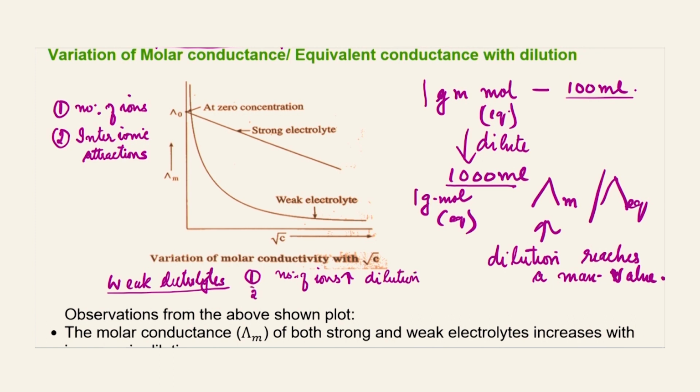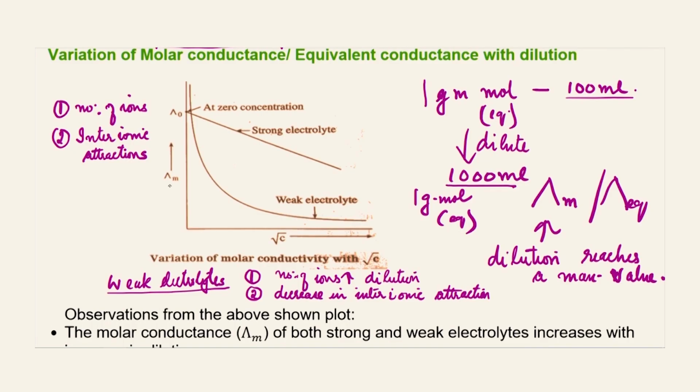The second factor is the decrease in interionic attraction. These are the two factors responsible for the increase in molar or equivalent conductance in the case of a weak electrolyte. Now let us go to the graph.